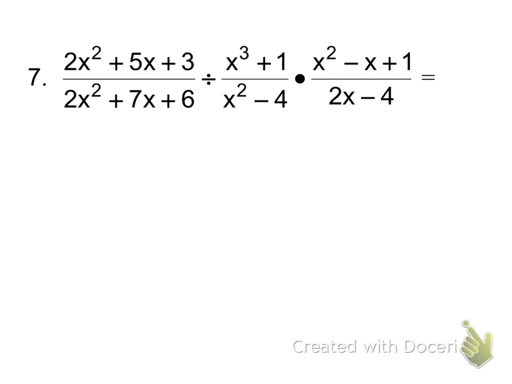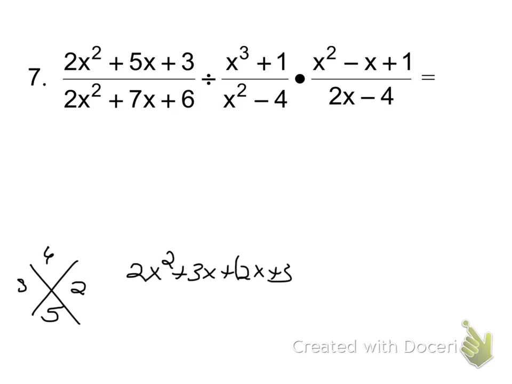So we want to multiply to be 6 and add to be 5, so that's 3 and 2. Okay, so that's going to be 2x squared plus 3x plus 2x plus 3. Group them. This factors an x. Gives me 2x plus 3 plus 1, 2x plus 3.